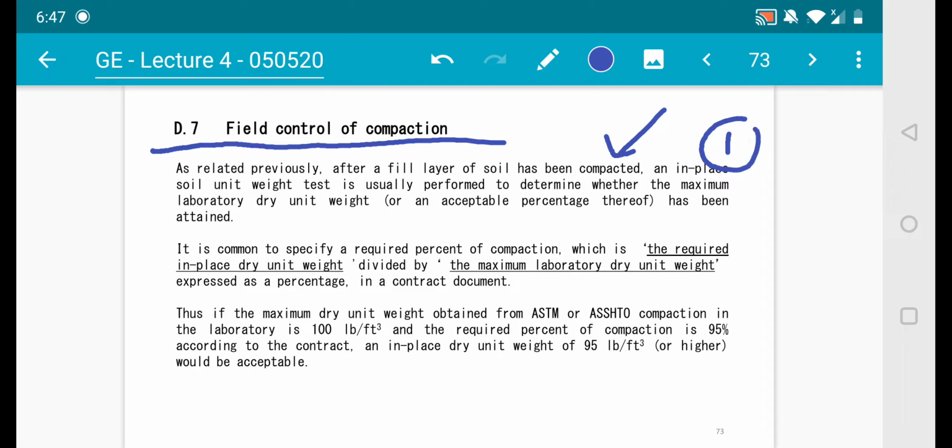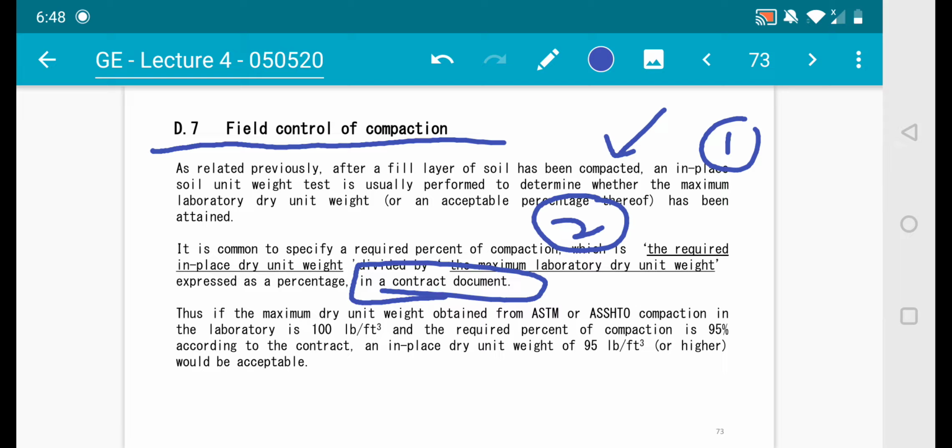After compaction comes your approach to determine unit weight. It is common to specify a required percent of compaction, which is the required in-place dry unit weight divided by the maximum laboratory dry unit weight, expressed as a percentage in a contract document.